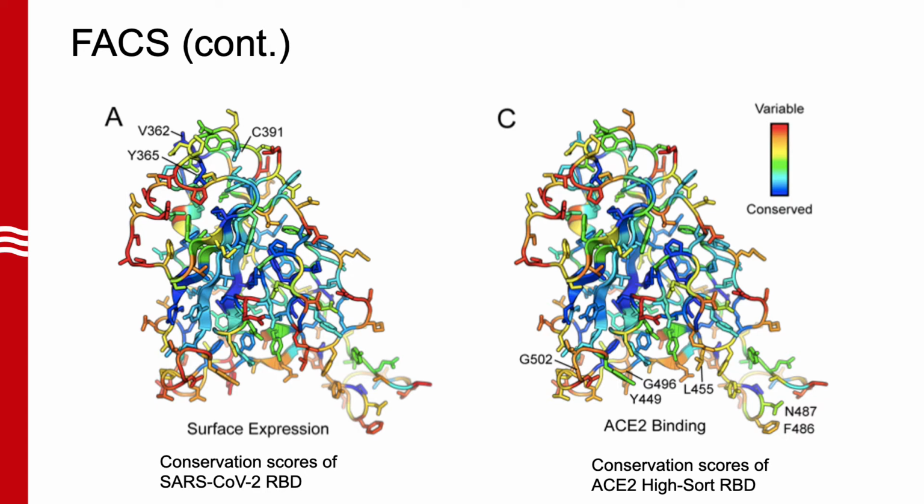The residues surrounding the core that are exposed to the surface were much more variable and mutationally tolerant, which is shown by the different colors surrounding that hydrophobic core in figure A. In high sort binding RBDs, which is shown in figure C, the exposed surface was slightly more conserved but still retained similar amounts of mutational tolerance.